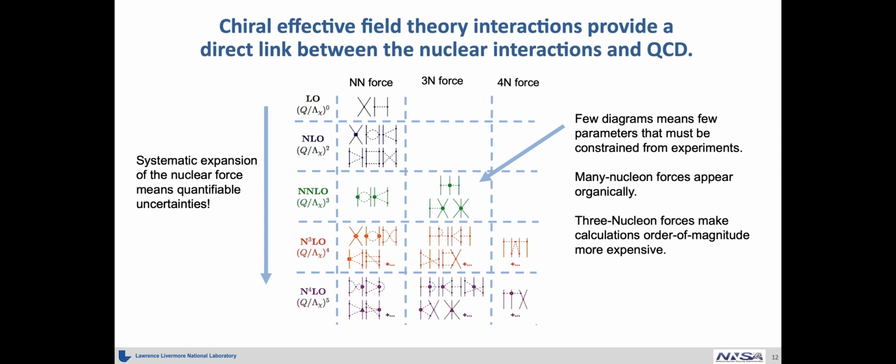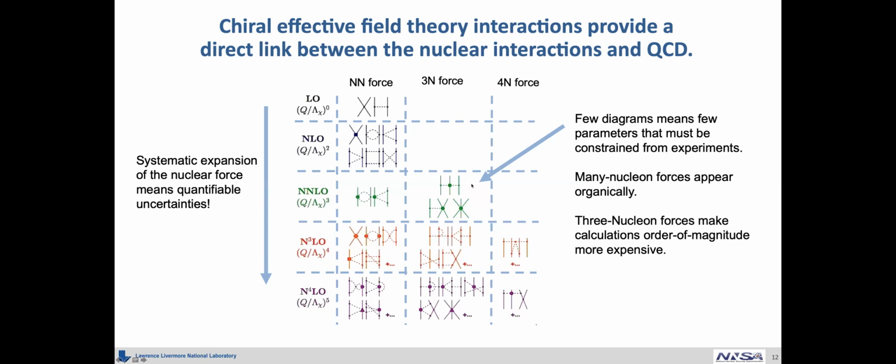Second, the interaction is organized as a systematic expansion, which means that it's written in order of importance. And this means that if we actually truncate at a specific level, we have a handle on how much is the error that we're accumulating because of this truncation. So what are the physics we missed? There is a systematic way to handle this because it is a systematic expansion.